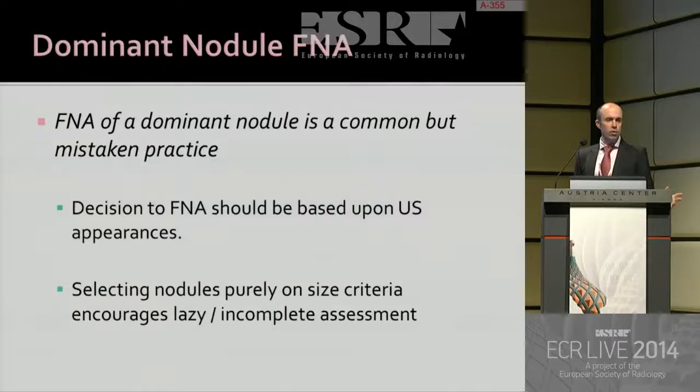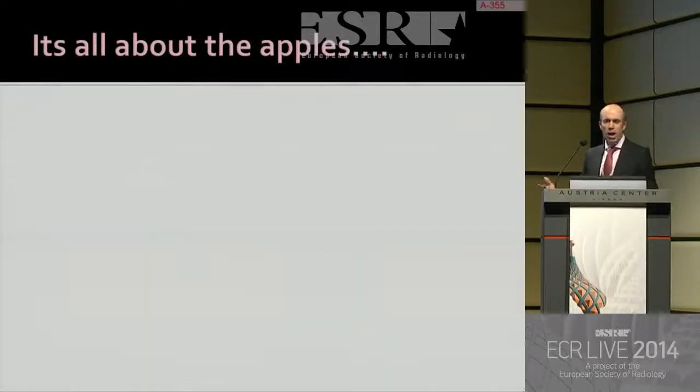And we see a number of cases coming to our thyroid cancer MDT whereby the largest nodule has been FNA'd and people haven't bothered to assess the moderately hypoechoic nodule in the other lobe of the thyroid. And I think we need to move away from the size-based criteria and think about nodule appearances. And what I think in my mind, it's all about the apples.